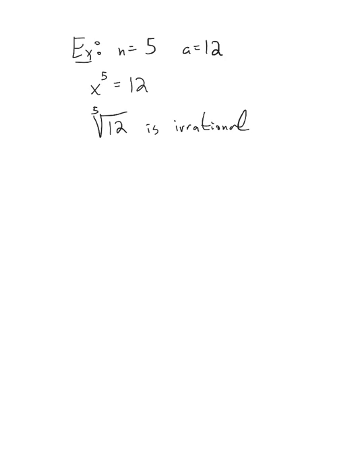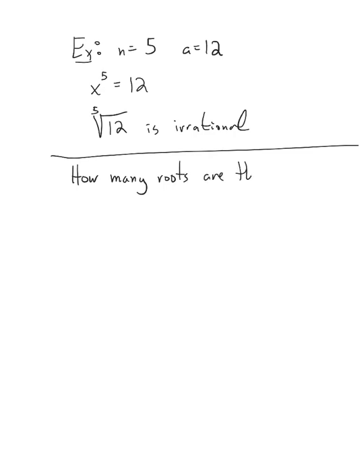So now a quick note on how many roots exist, for some n and some a. So n is your natural number, and a is, let's just do integers for now.